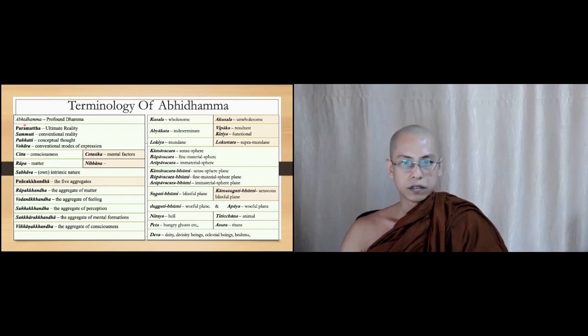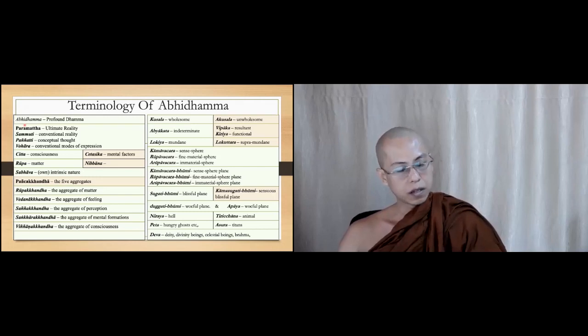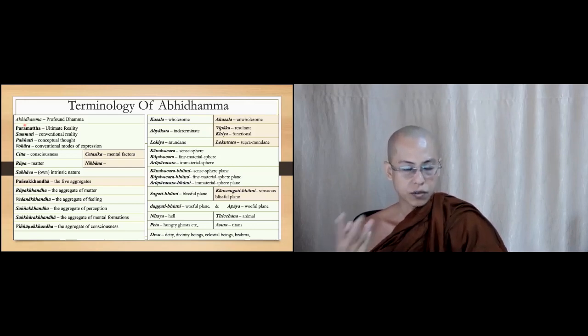Chitta is not totally matched with consciousness, but consciousness is the best word to translate chitta. That's why in the Burmese translation, we just use the word chitta. We don't change it, we just try to catch the meaning.